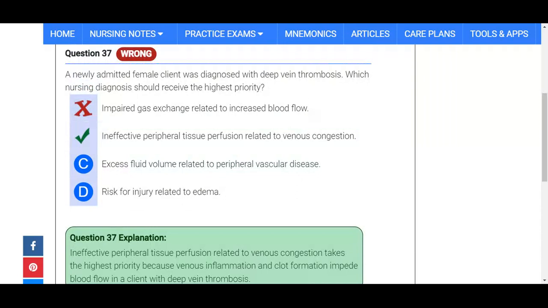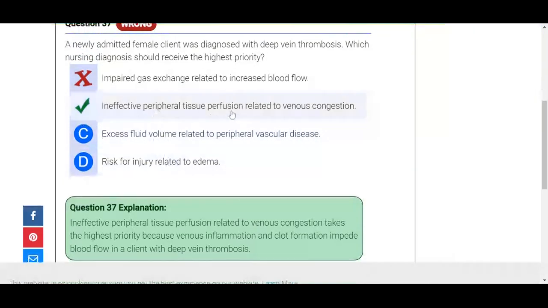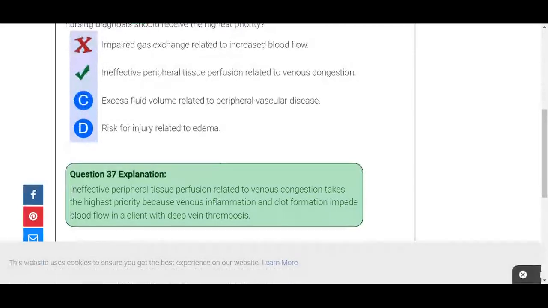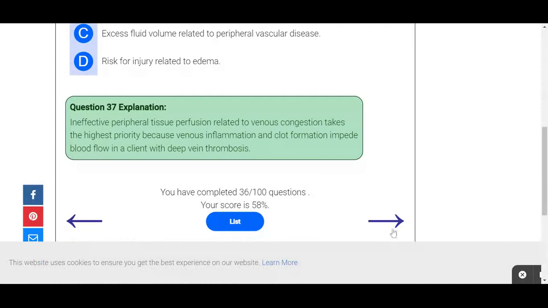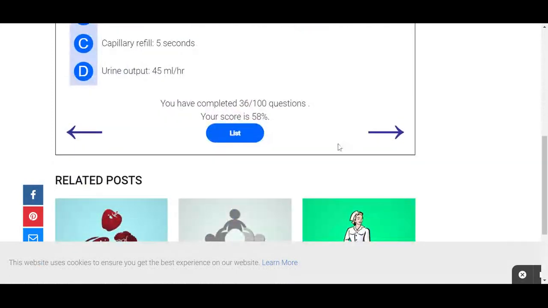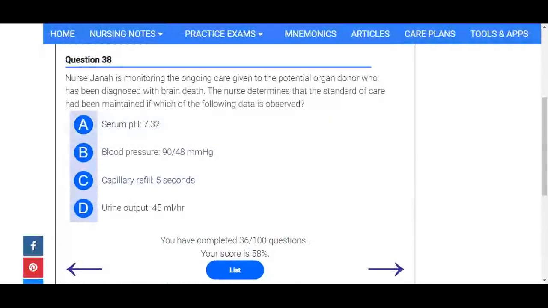Sometimes there are no noticeable symptoms. So, ineffective peripheral tissue perfusion related to venous congestion. If there is no more blood being supplied to a tissue, it can impede the blood flow and cause serious complications.